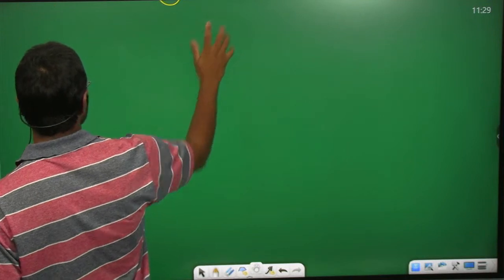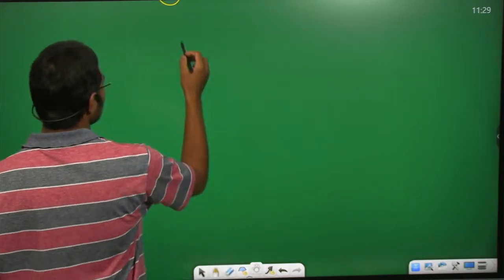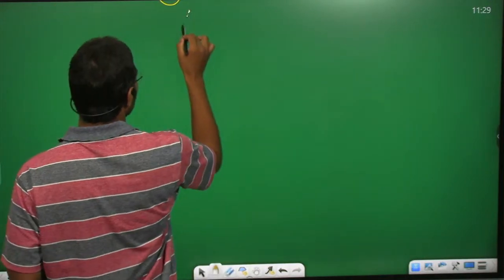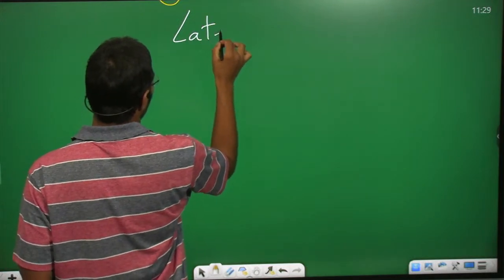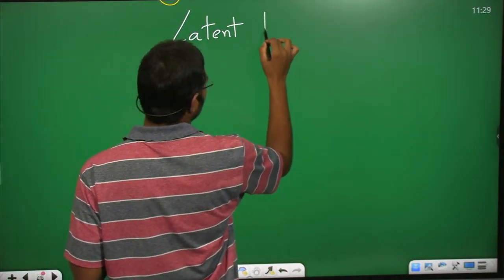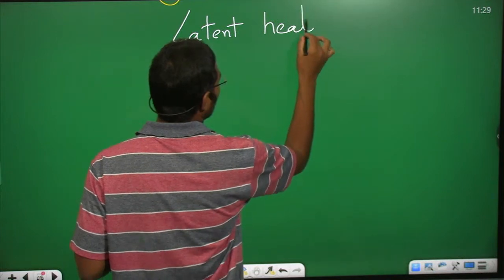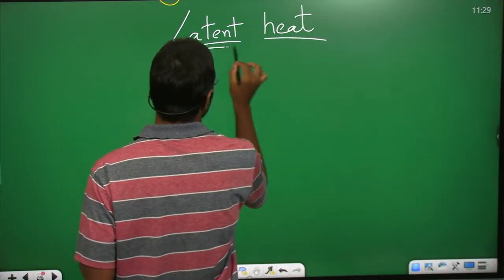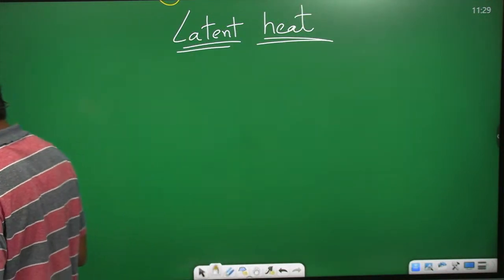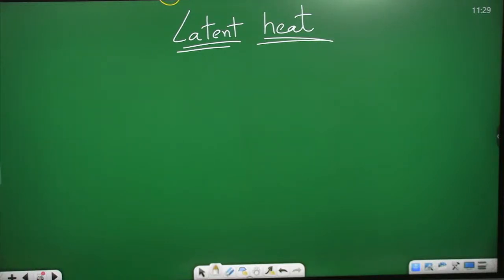Almost we are at the end. So what is latent heat? So what do you mean by latent heat? Try to answer, Shravan, Rakshita, Srikar. Okay, work done in isochoric process is 0. You are right.